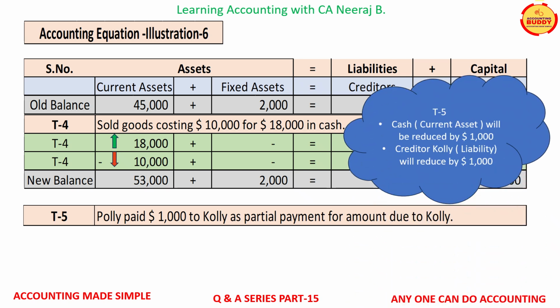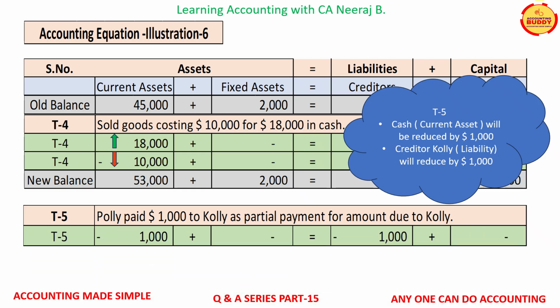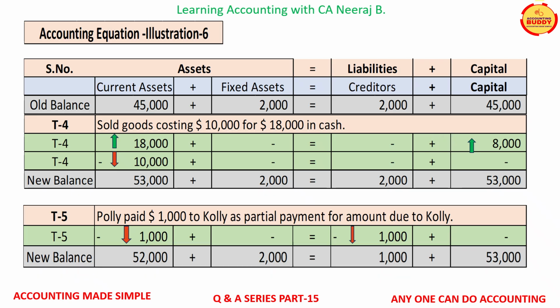This transaction will affect cash, which is an asset, and the creditors, which are the liabilities. Cash, which is an asset, will be reduced by $1,000 and the creditors, which are the liabilities, will also reduce by $1,000.